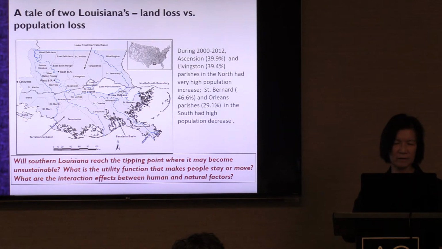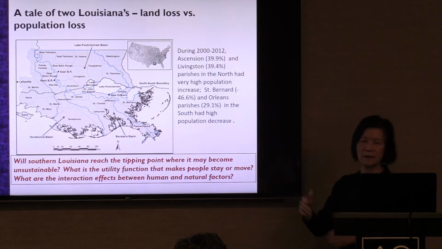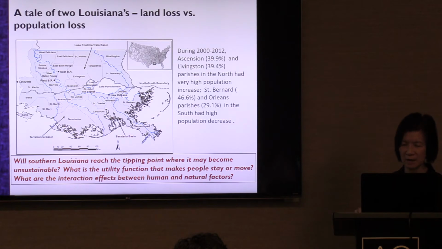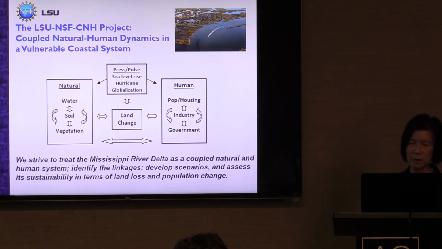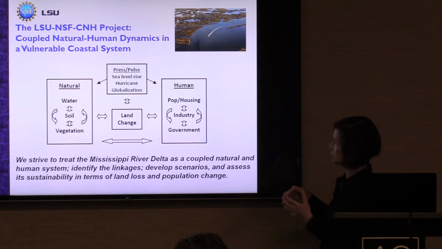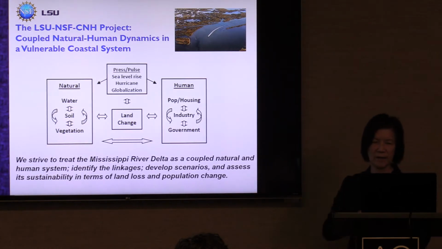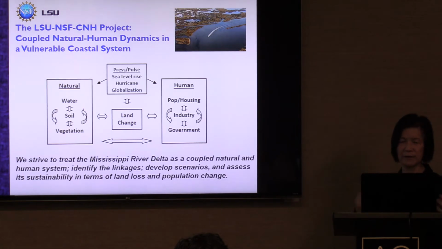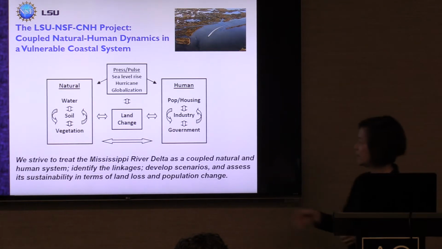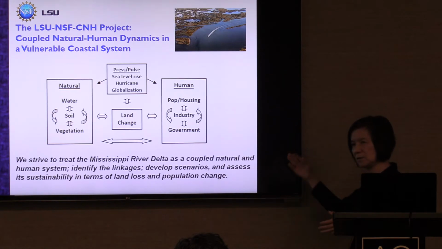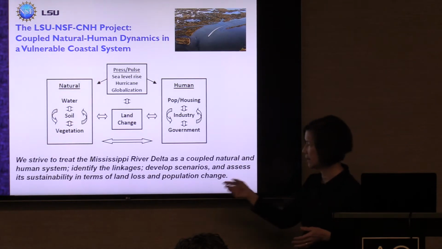We found that the region in the south has continuously been losing people and also losing land, and in the north, people are increasing, and there's relatively no land loss problem. So we launched a project to model the linkages, and hopefully once we develop the model, we can develop scenarios and then do projections and simulation for the future.